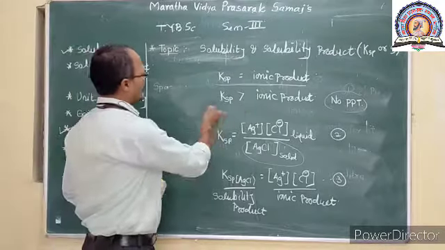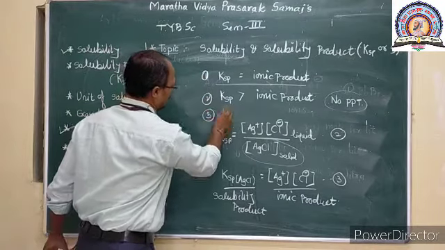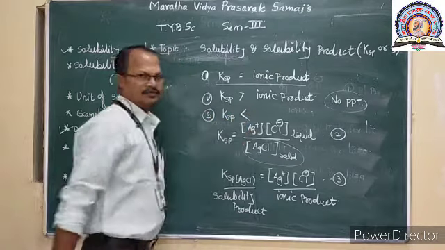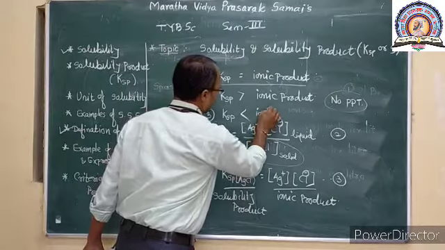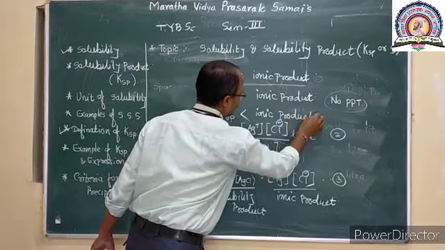The third case is where KSP is less than the ionic product, meaning the ionic product is greater than the solubility product.